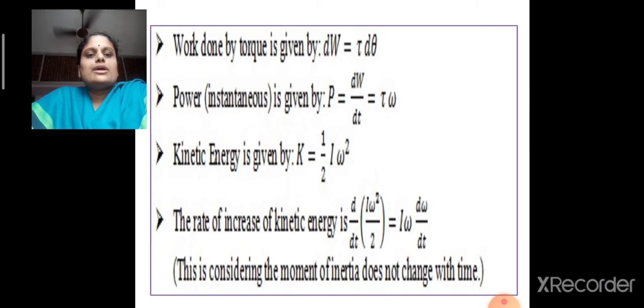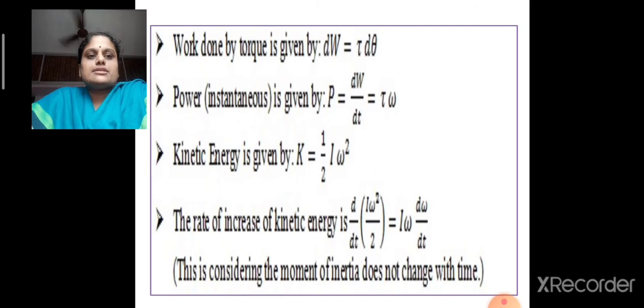Now, if we are calculating the rate of increase of kinetic energy, that is d by dt of half I omega square, we get I omega into d omega by dt. We know d omega by dt is equivalent to alpha, the angular acceleration. And the rate of increase of kinetic energy is equivalent to the rate of doing work, which is equivalent to power.